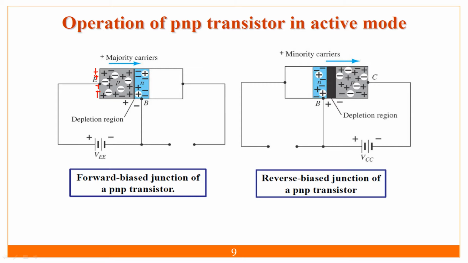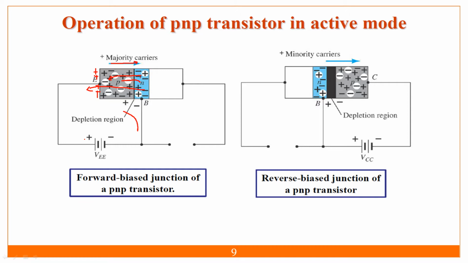The positive is repelled, so the holes will flow toward the negative terminal, the base. Whatever electrons are there are shifting toward this side. Holes are shifting from this side, and electrons shift to this side because they are attracted to the positive. So the current flows.